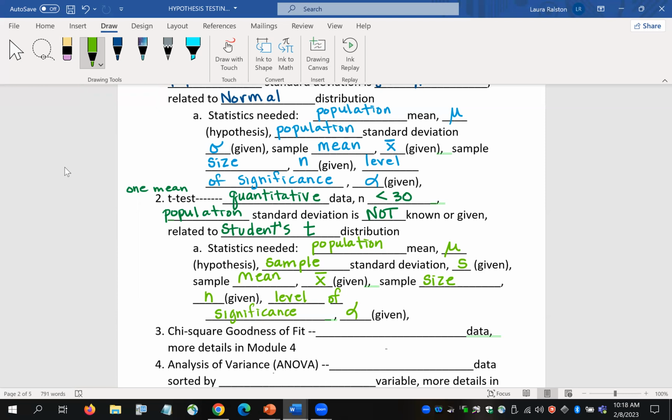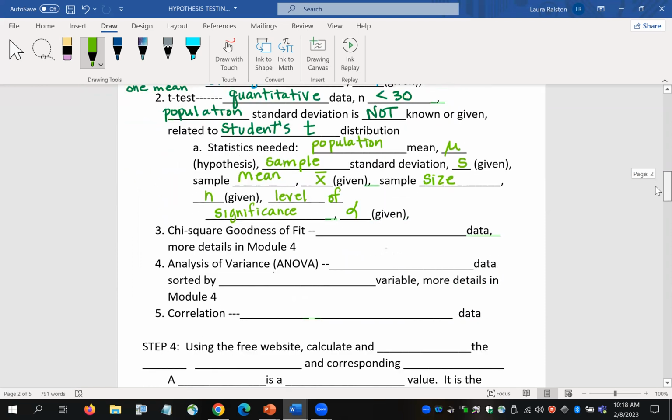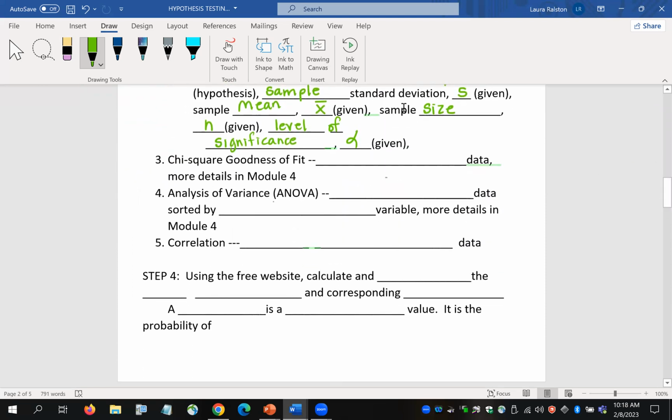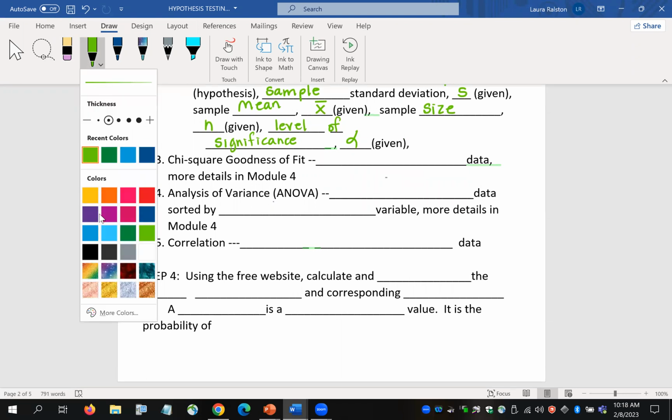We will be talking about the one mean z-test and the one mean t-test in Module 3. The other three that are listed here will be our topic of discussion in Module 4.